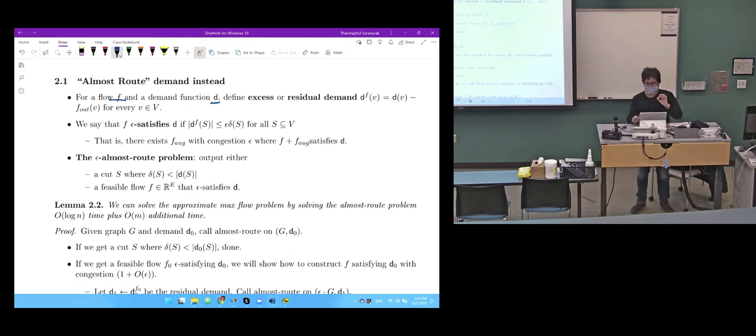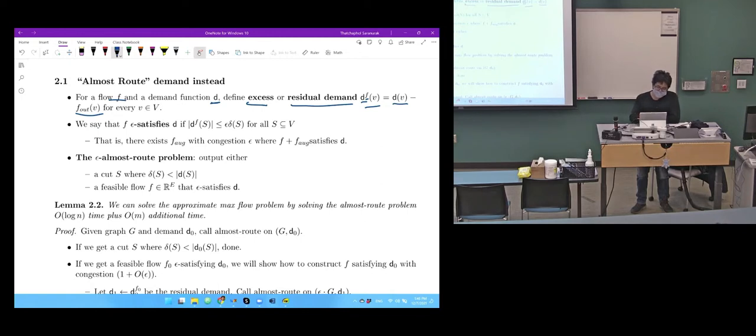Then it makes sense to define something called excess or residual demand. I think of it as the same thing. The excess at V is just the remaining demand after routing F, that is, the demand D of V minus the flow out of the node. Okay, so that's the excess or residual demand.